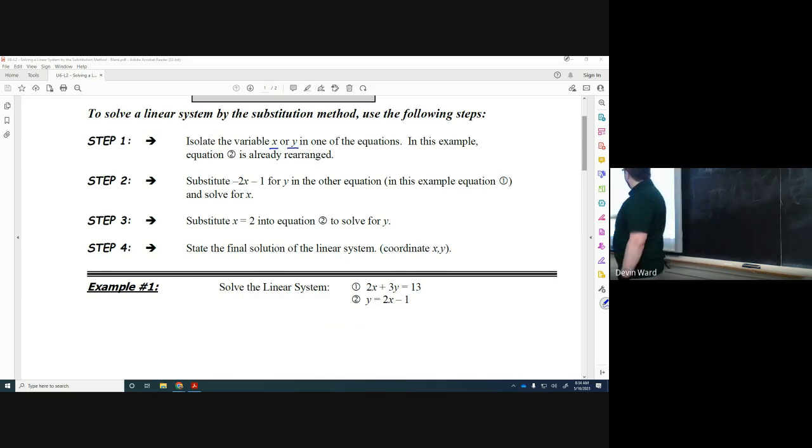And then for this specific one, we're going to sub negative 2x minus 1 in for y into the other equation, into equation 1. And then we'll sub the x back into equation 2 and find the final solution.